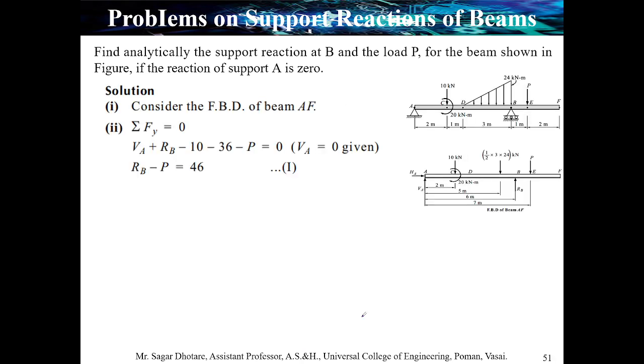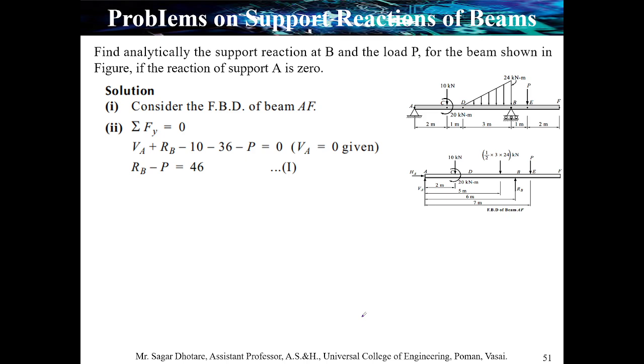So first of all, taking all vertical components, summation of Fy is equal to 0. First, the vertical component of A, as per the given condition, is 0, so you can directly neglect it.